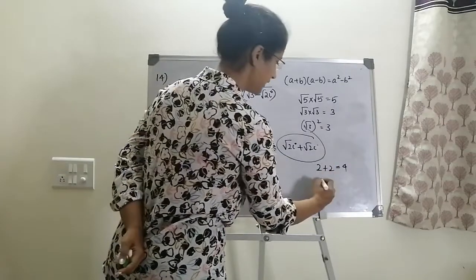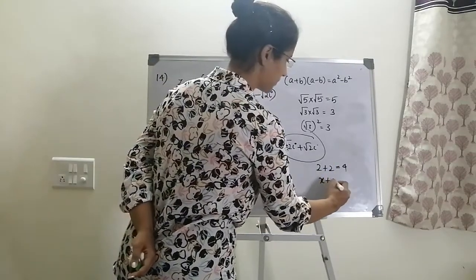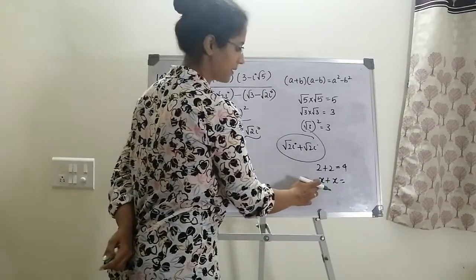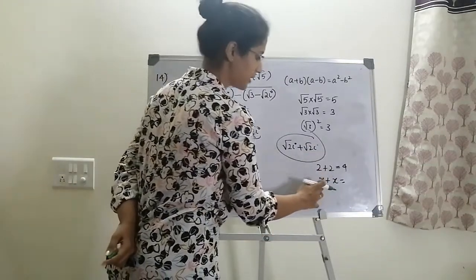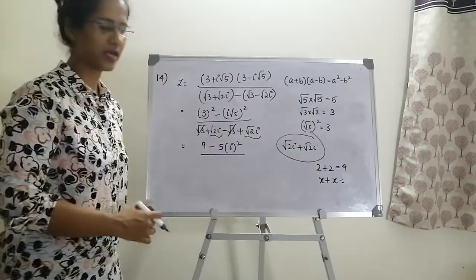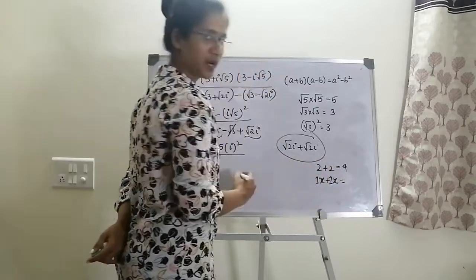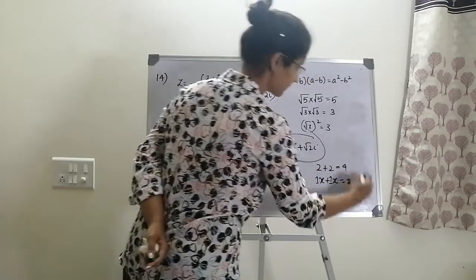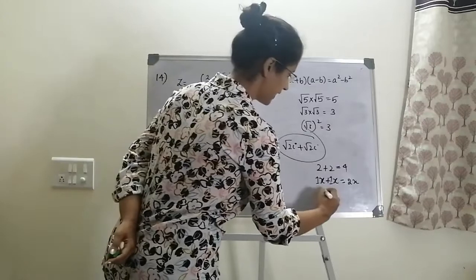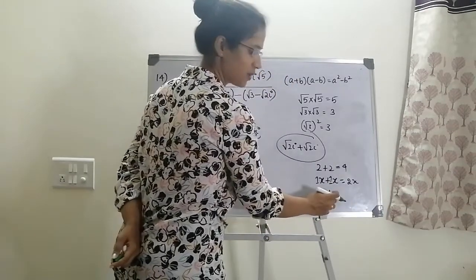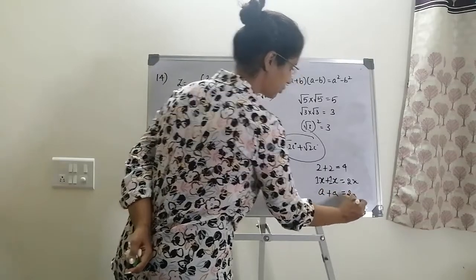Correct, no? So in the place of a number, if I have it as, for example, x plus x. Okay. So can I write this as 1 time x plus 1 time x giving me 2x? Correct, no? Similarly, if I have a plus a, 1 time a plus 1 time a will be equal to 2a.